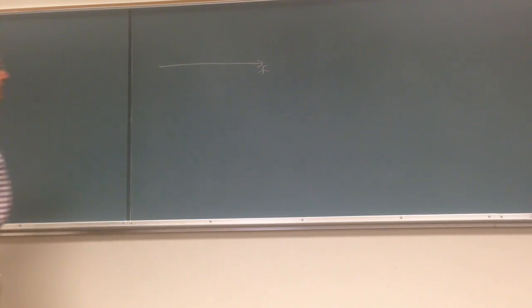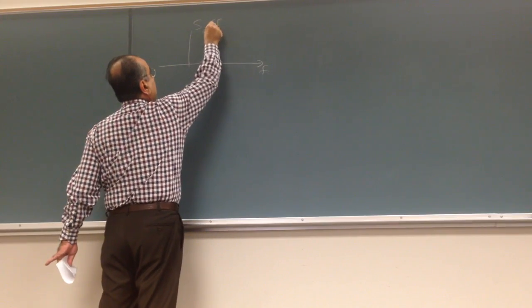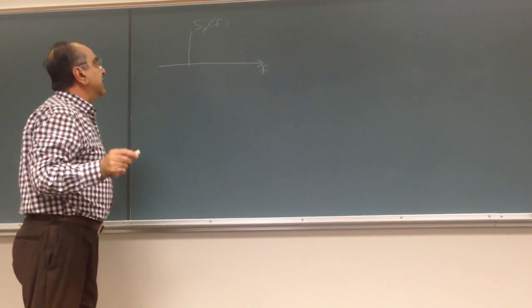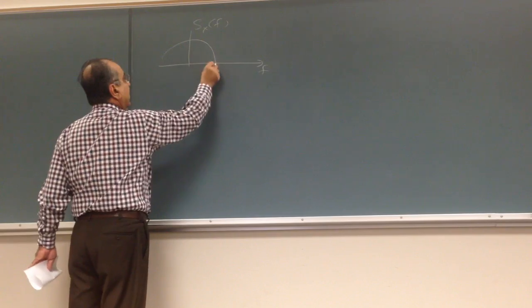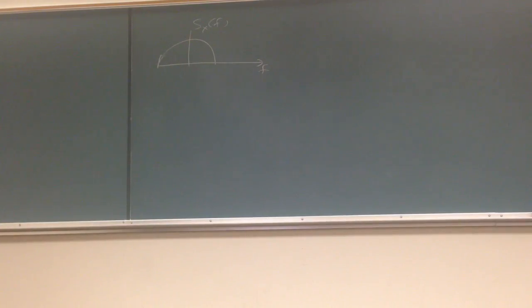If I have a signal, let's say X, and say the power spectral density of this signal is something like this, what does it tell me? What's the meaning of power spectral density? Is it the average power per Hertz, per frequency? Yes.